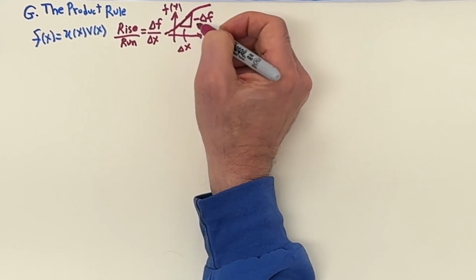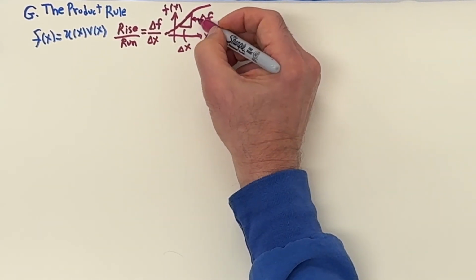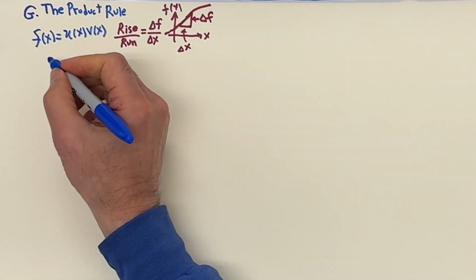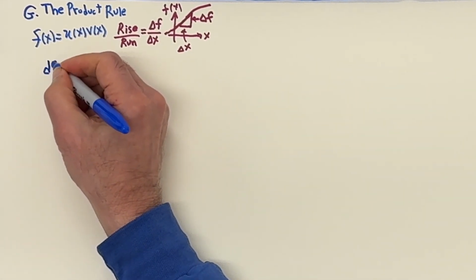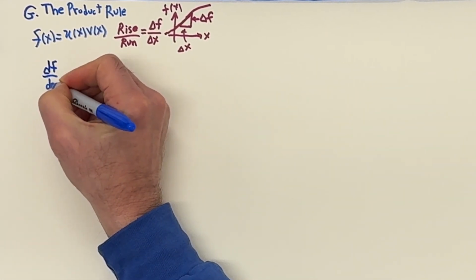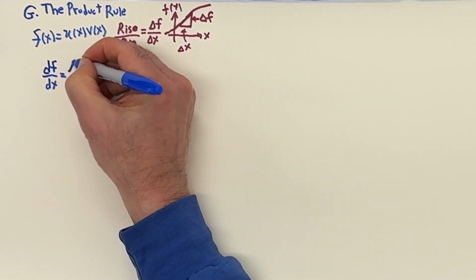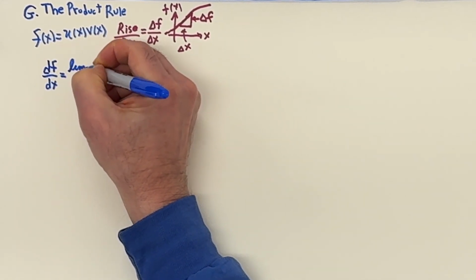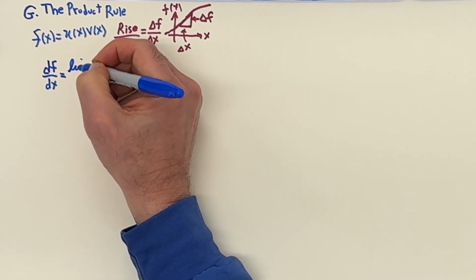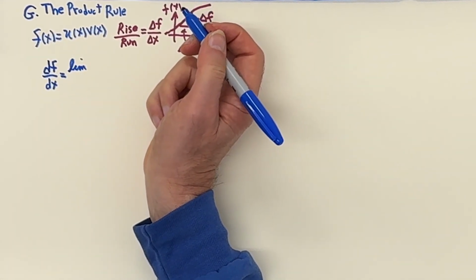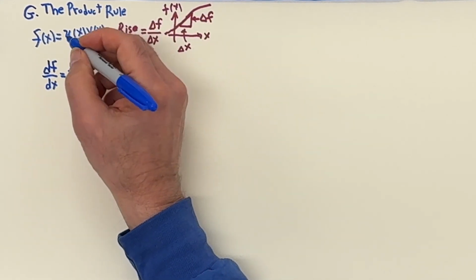So delta x and delta f. So the derivative is given by our formula, the limit as delta x goes to 0, and at times I like to use h for delta x.